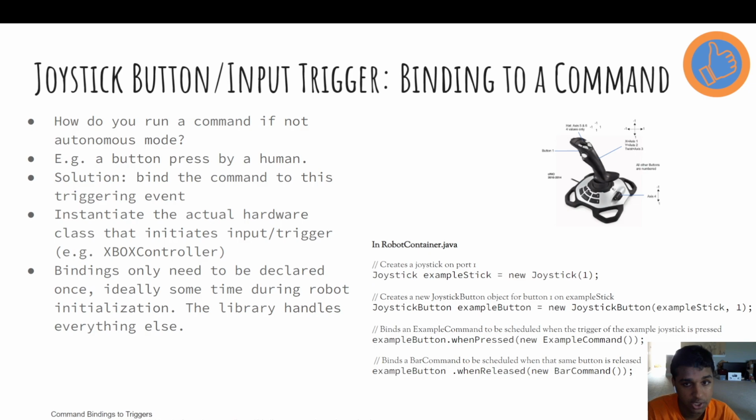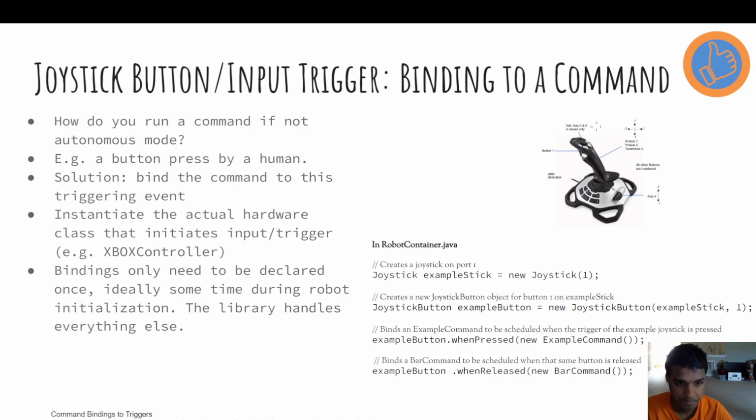Now, joysticks, right? Binding joystick buttons to commands. The essential problem is, what do you do when you're not in autonomous mode? Because in autonomous mode, you tell your robot to do things autonomously. You just tell it a sequence of actions and it'll do it. So with a button pressed by a human, you want to bind a certain command to this triggering event.